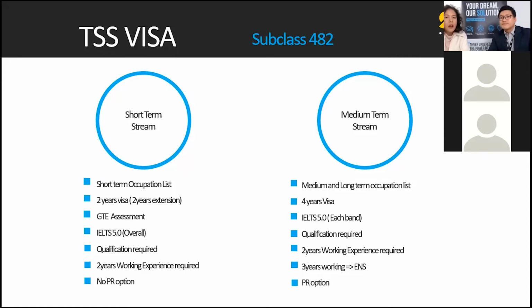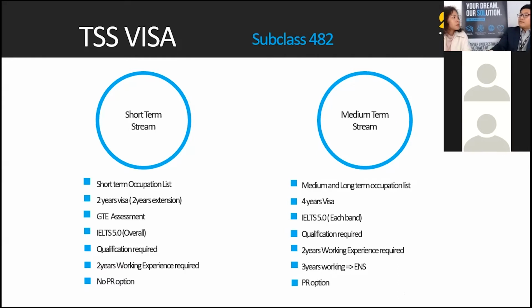So you are allowed to work short-term. But let's go to the medium-term stream. As I said, there is a PR option under the medium stream. You can move to the permanent visa, and this is the purpose of the medium stream. But your occupation must be on the medium and long-term strategy occupation list, the MLTSSL.